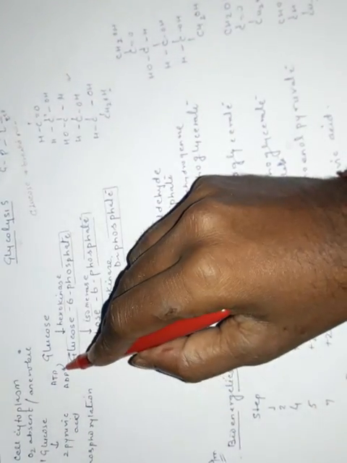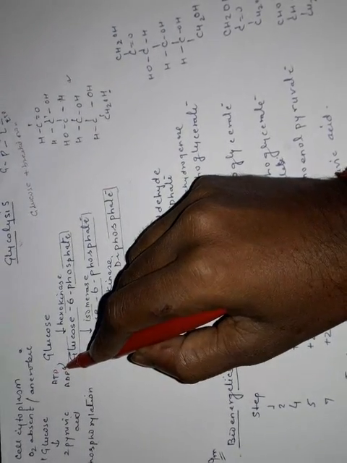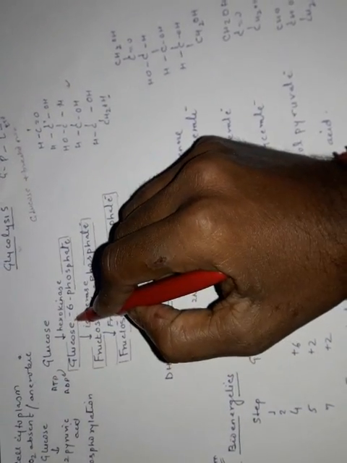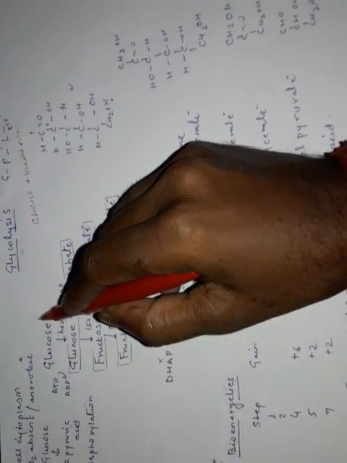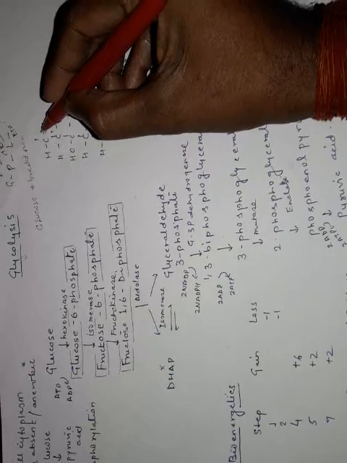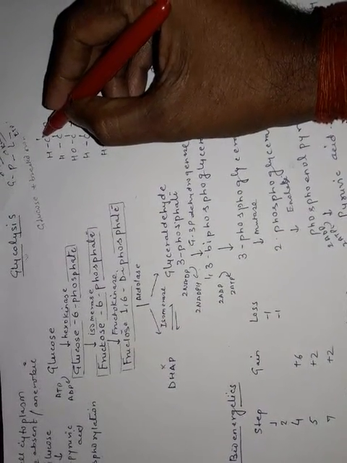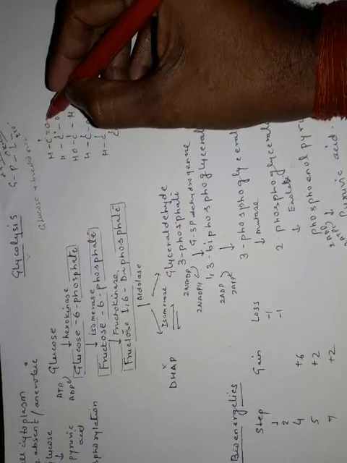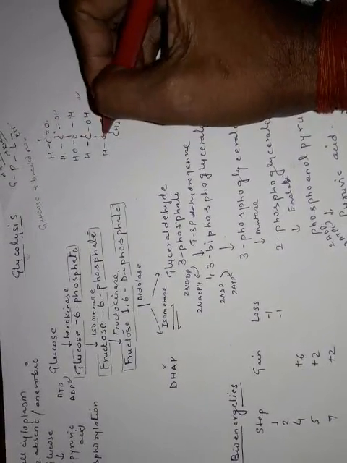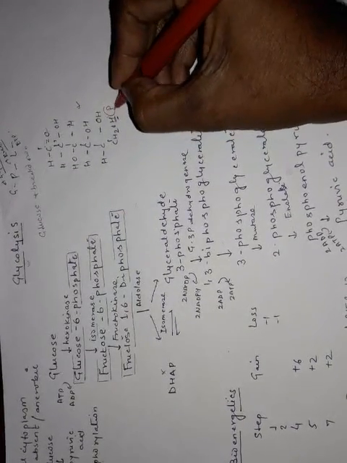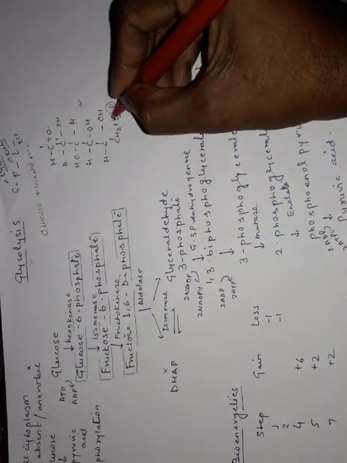So 1 phosphate group is released here, and this phosphate group is attached to glucose at position 6. If you number the glucose, carbon 1 is this one, because this is the functional group: 1 2 3 4 5 6. The hydrogen will be replaced here, and the phosphate will be joined here. So the structure should be this one.